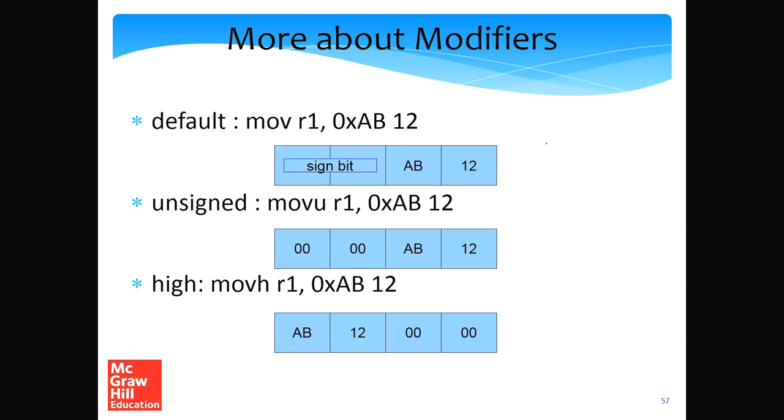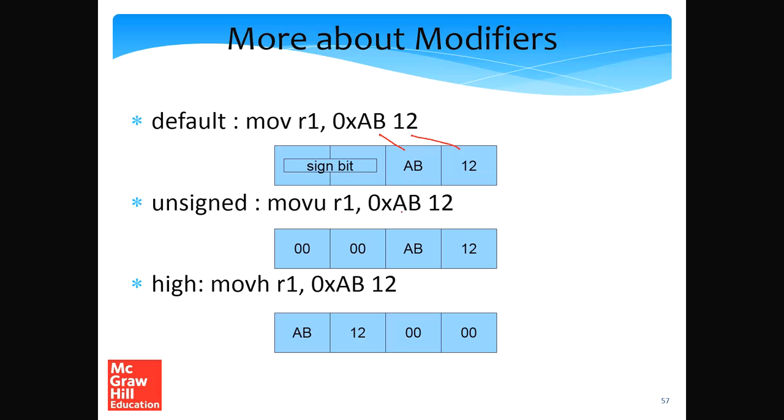Let's take a look at some examples. First, the default behavior of 0xAB12 where the MSB is equal to 1. In this case, we load AB12 in the lower 2 bytes and the upper 2 bytes consist of the sign bit. The sign bit here is 1, so all these 16 bits are 1.